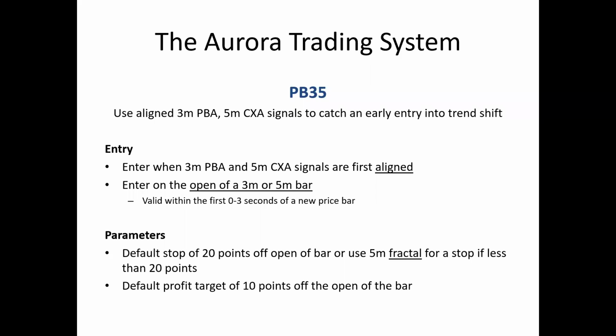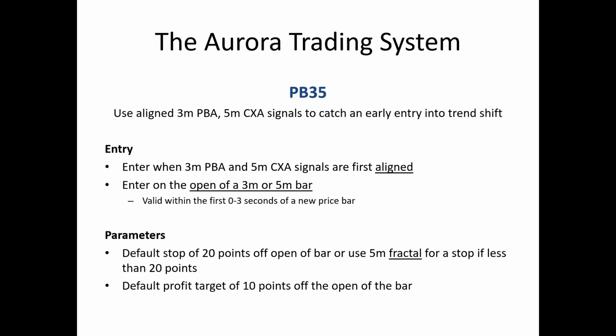So when a new 3-minute bar comes on the chart, if the Pb35 signal is showing alignment between PBA and CXA in the first 3 seconds of a new price bar, then that is a valid signal. On our trading here in the Aurora system, and it was true with the adaptive entry system also, we are looking for our signal to be valid within the first 3 seconds of a new price bar.